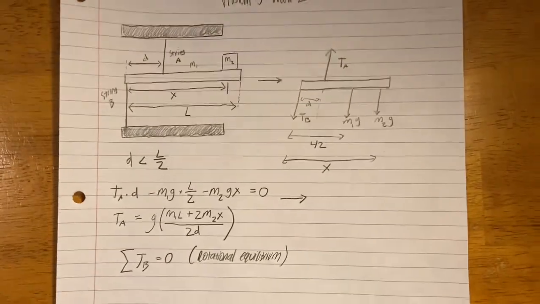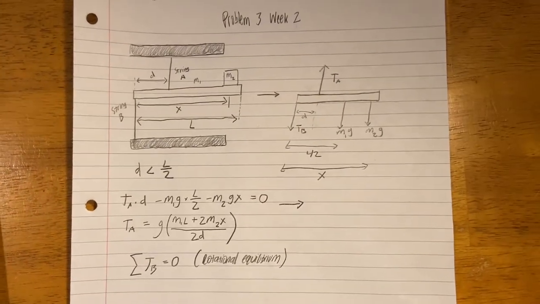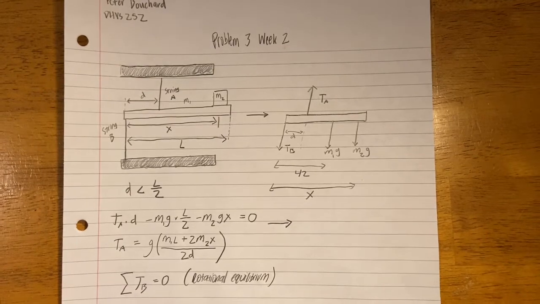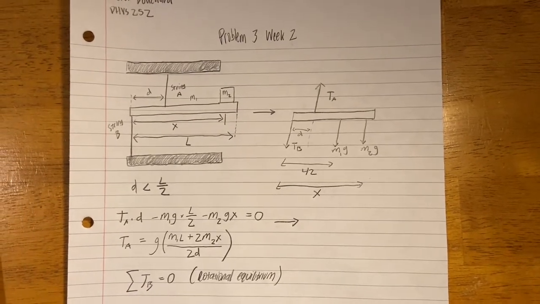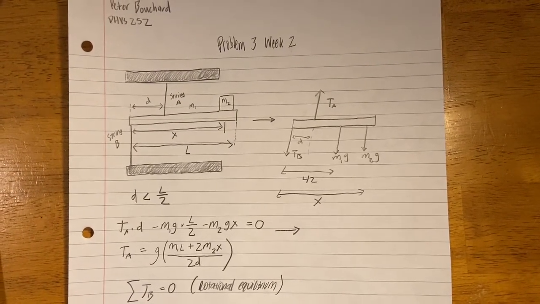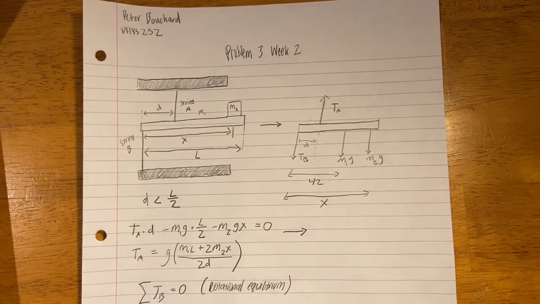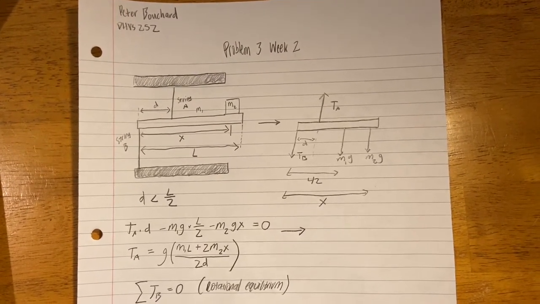After a little bit of simplification, we find that the torque of string A is equal to gravitational constant times mass 1 times the distance L plus 2m2x, all over 2d.